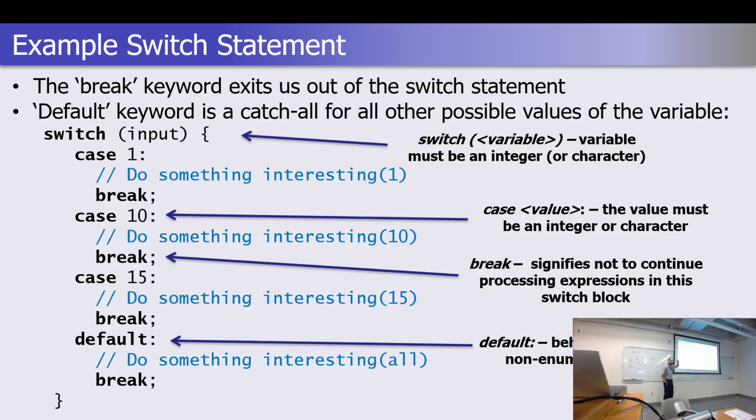I'm a programmer. I wrote this program. I know it's always going to be 1, 10, or 15. Well, then what should we put inside this default statement? What do you suggest? What would you, that's correct, printf, what would you print?